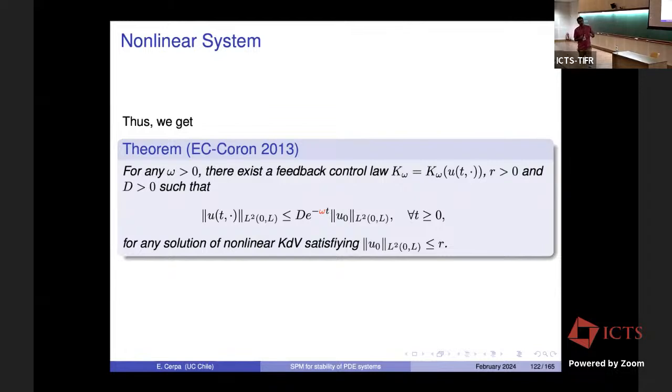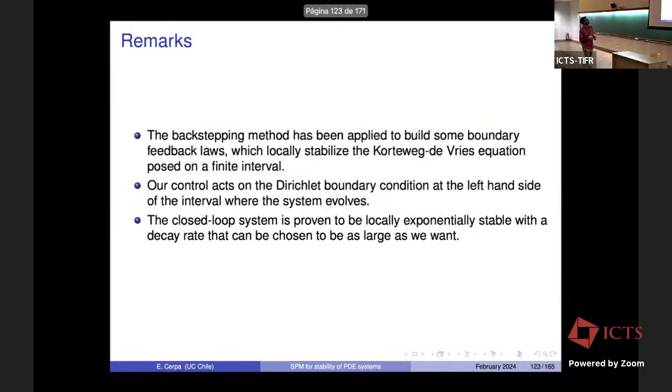I put it again just to recall the result. For any parameter omega, we were able to build this feedback operator K, which here depends on the solution in the whole domain, and we obtain the decay rate for the solutions.